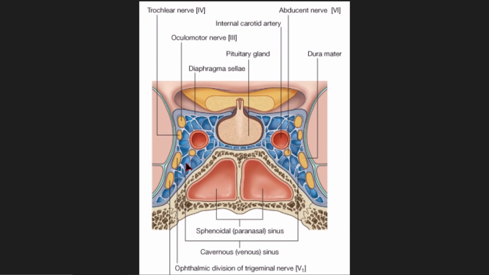We can see the venous pockets, and in the lateral wall of the cavernous sinus from top to bottom: the third cranial nerve, oculomotor; the fourth cranial nerve, trochlear; then the sixth cranial nerve, which goes through this accompanying the internal carotid artery; then the ophthalmic division of the trigeminal, and this is V2, the maxillary division. In the lateral wall we can see these nerves, but you cannot see V3, the mandibular division, which goes in this area and down through the foramen ovale.